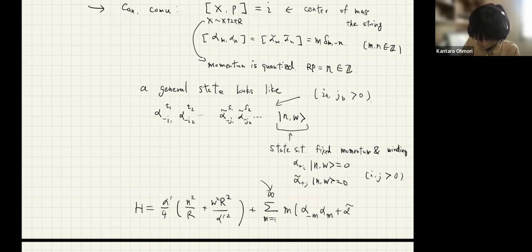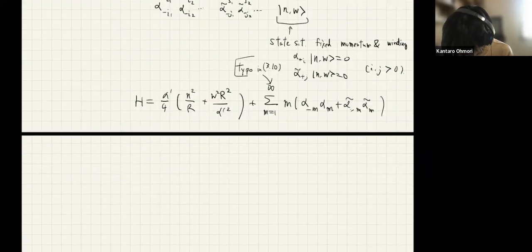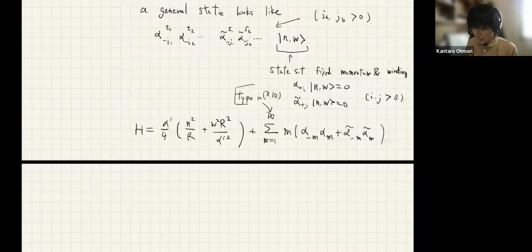Let me memo this typo in the lecture note: typo in 3.10. There has to be m here. Any question?